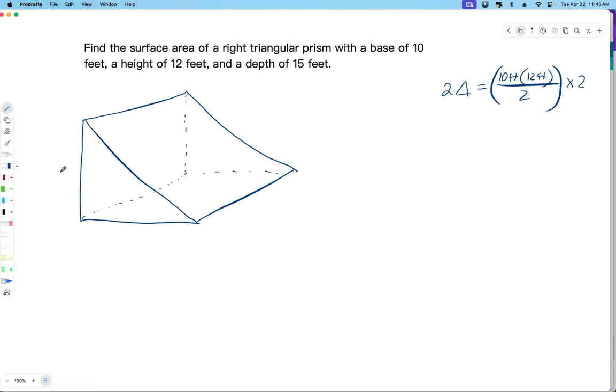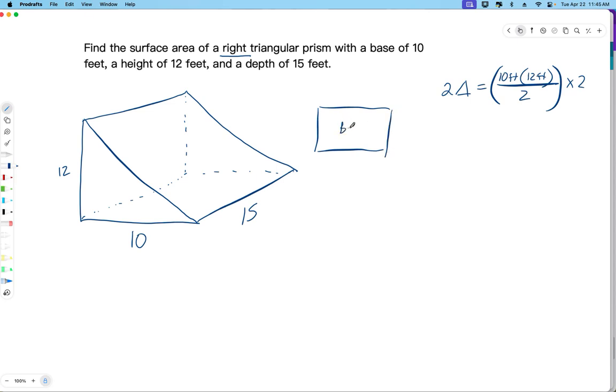So when you have a height of 12 feet here, you don't have to find the height, right? So that keyword right here is what gives us the illustration that we need. So 12 by 10, this is still true. We have a base of 10, a height of 12. There's divided by 2 times 2 because we have the front triangle and the back triangle. So our net looks a little bit more like this.